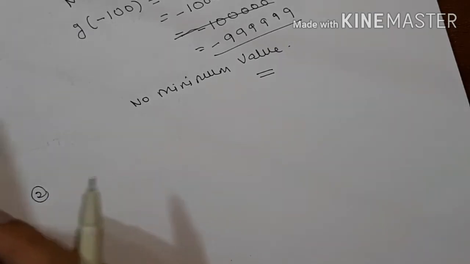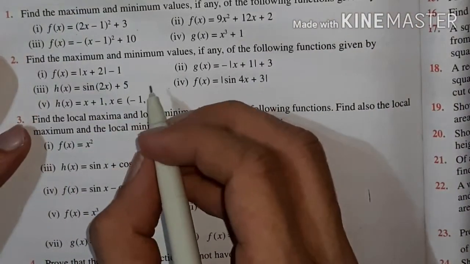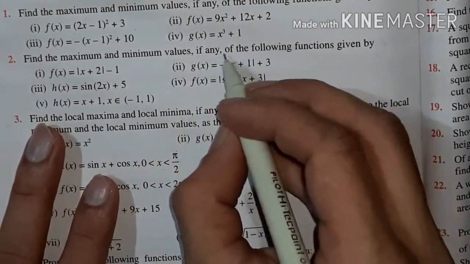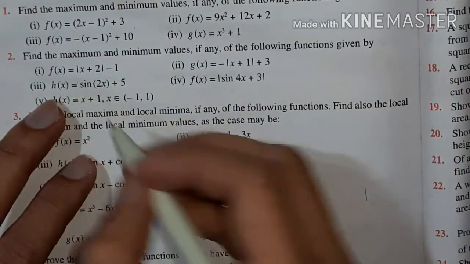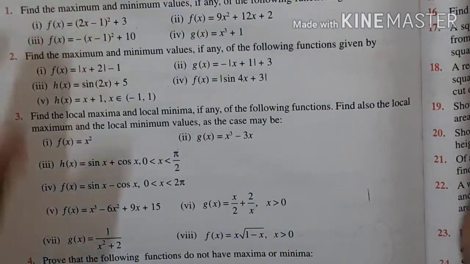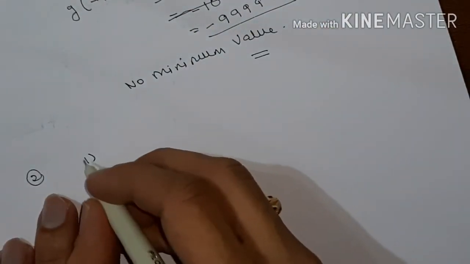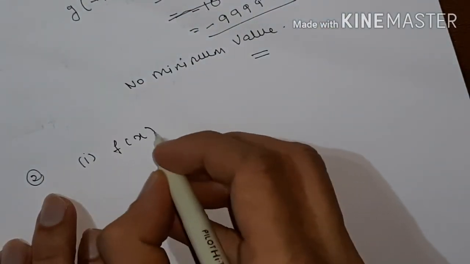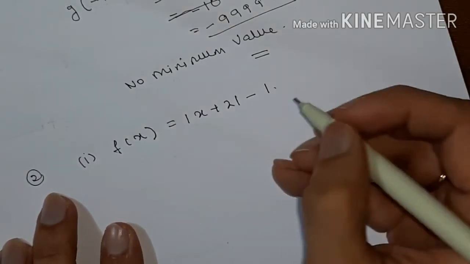Again the question is the same. Find the maximum and minimum values, if any, of the following functions. These 5 functions are given to you. Let us see how to solve. f(x) equal to modulus of x plus 2 minus 1.